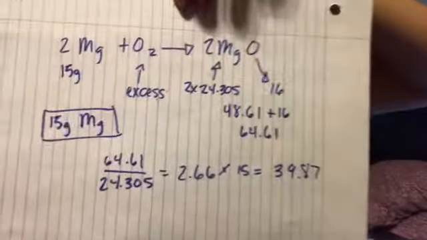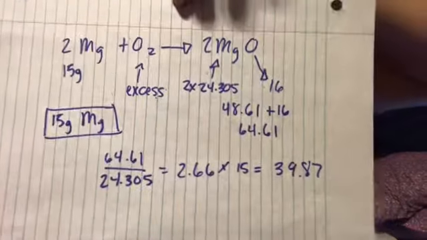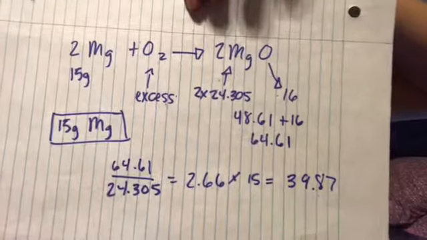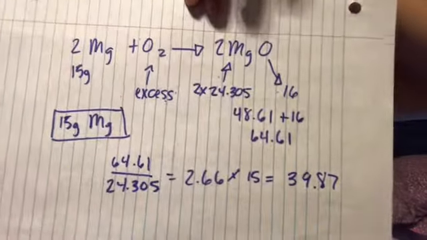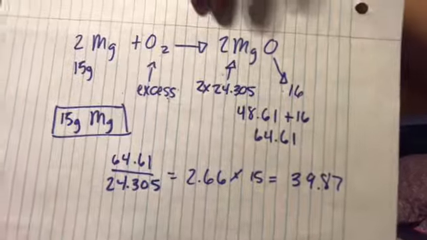So last problem that we will be looking at is 2 magnesium plus O2 reacts to make 2 MgO. And again, I put that they gave O as excess, and then that magnesium is 15 grams.